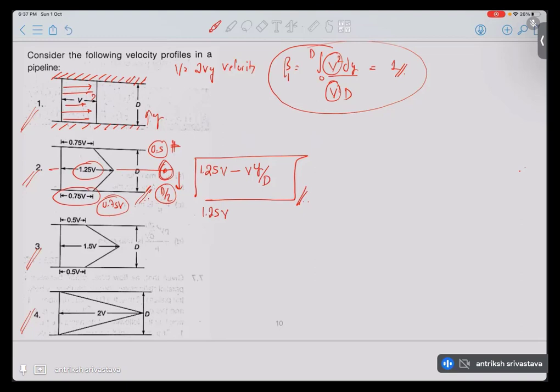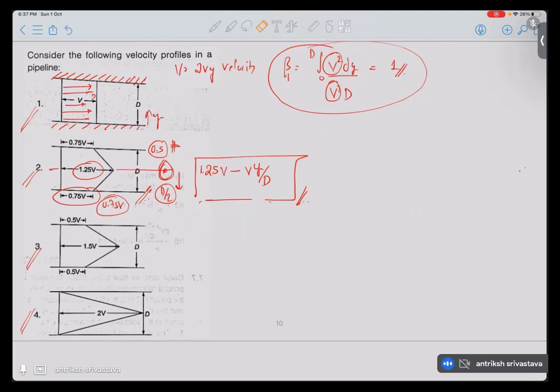When you go away from the center to d by 2, you have v d by 2d, and you see here it is 1.25v minus 0.5v, which is 0.75v. This is the correct expression. Is everyone following now? Okay, I am going to assume that you are following now.